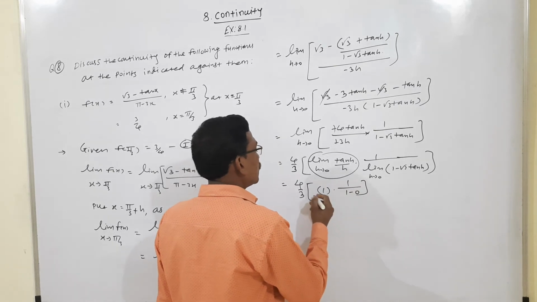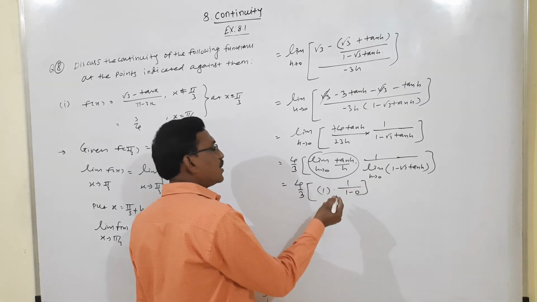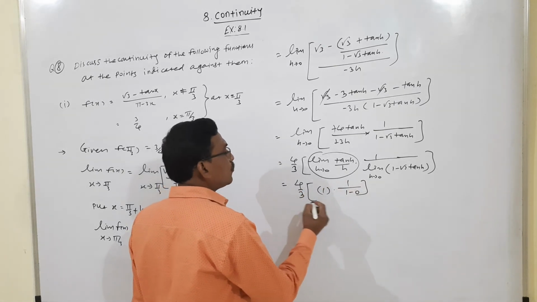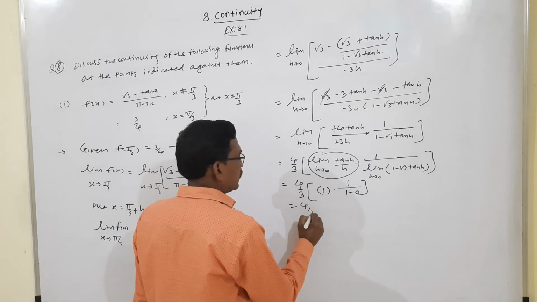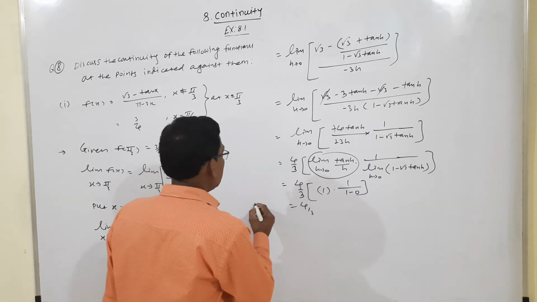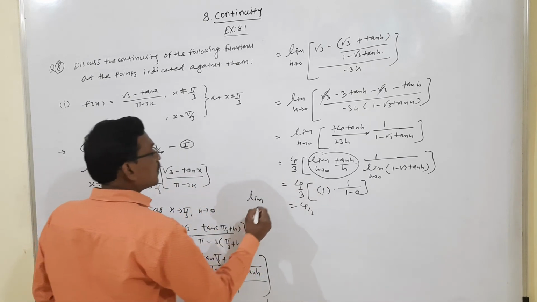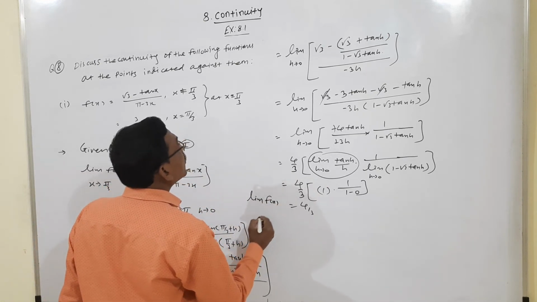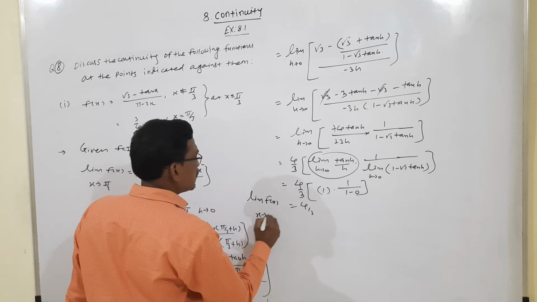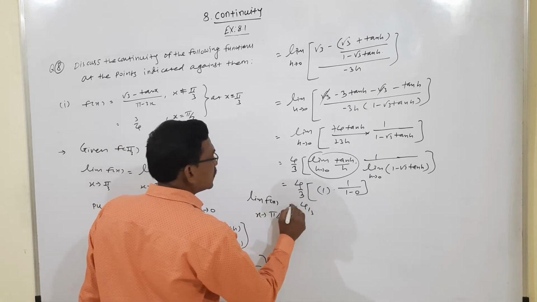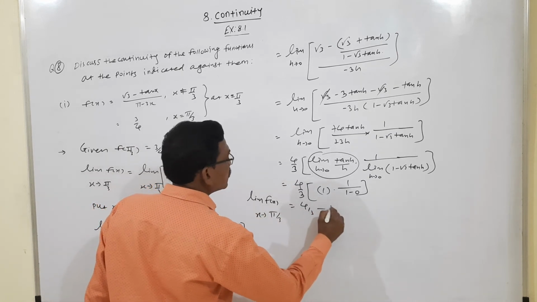So 1 into 1 by 1 is 1, and it is 4 by 3. So this is the limit of that function: the limit of f of x as x tends to pi by 3 is this value.